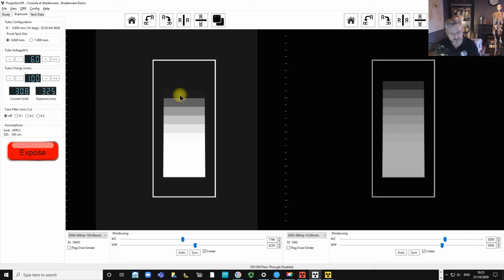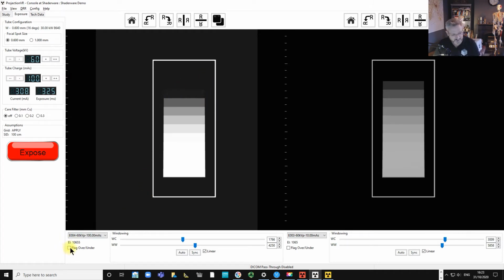So the 9th step, the 10th step wasn't quite at the maximum value, but even with the 11th step, there was a maximum value of photons got through. Obviously more photons got through in the free air, but the system couldn't differentiate the two.